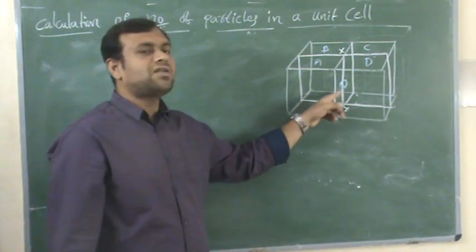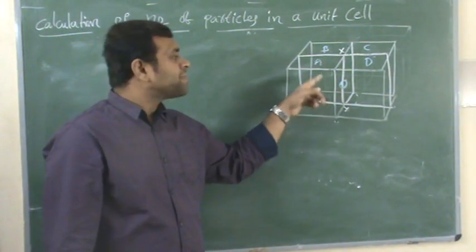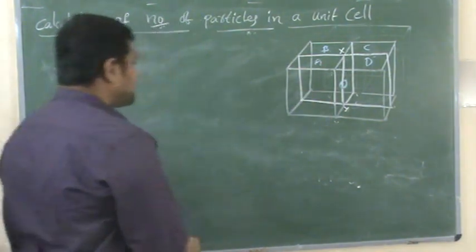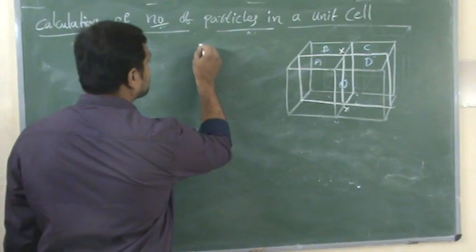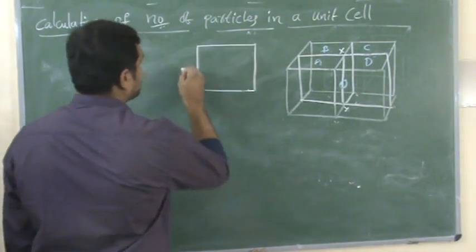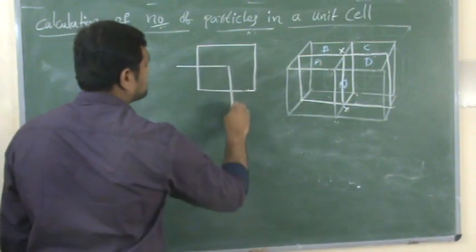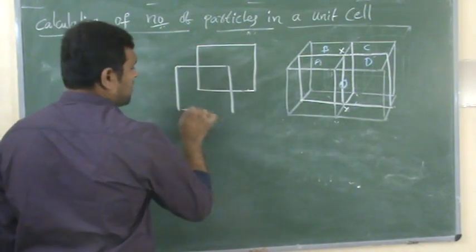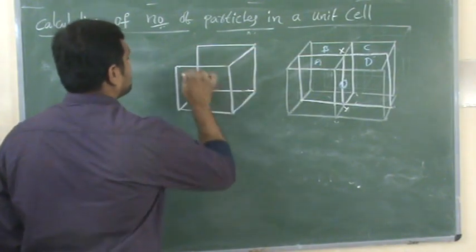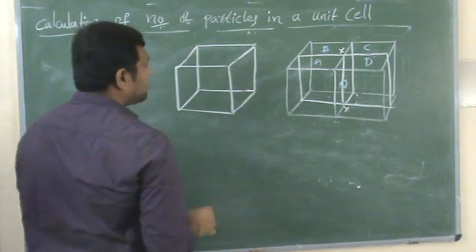Therefore, the contribution of each particle present at edge center is 1 by 4. And edge-centered unit cell will be like this. Right?